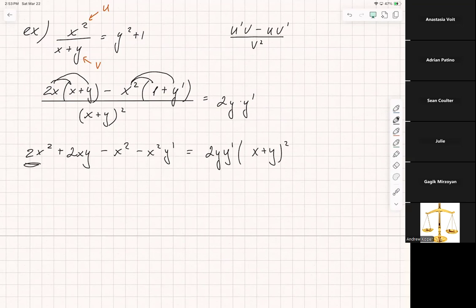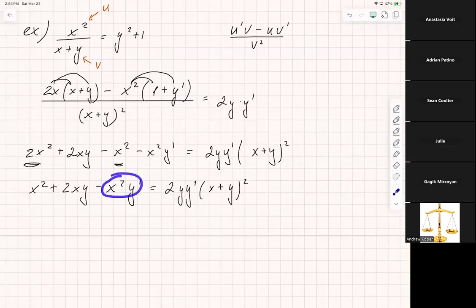Okay, so let's combine these two. We have x squared plus 2xy minus x squared y prime equals 2y y prime x plus y squared. Now let's combine the terms with the y prime, and everything else we will put on the other side of the equation.